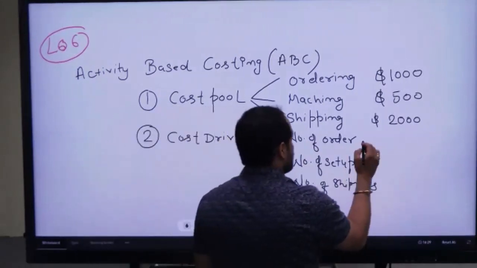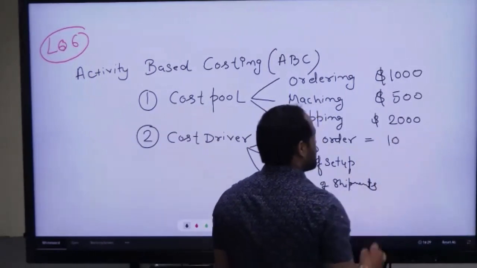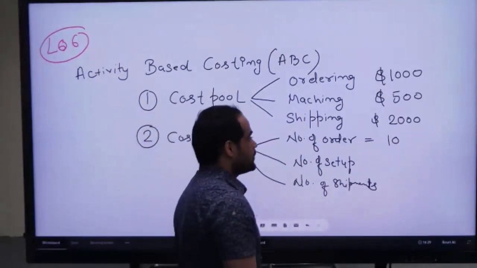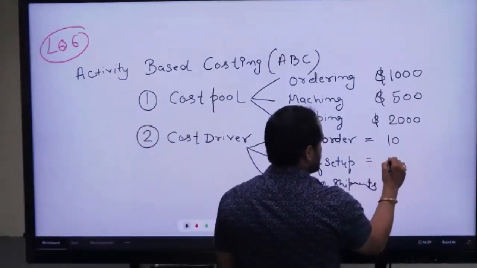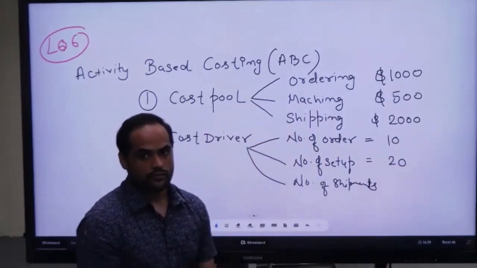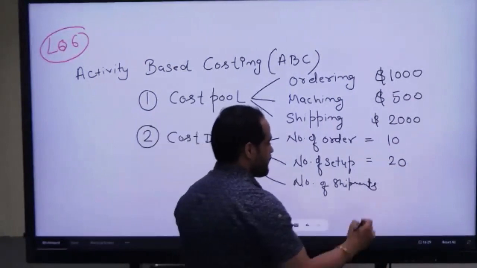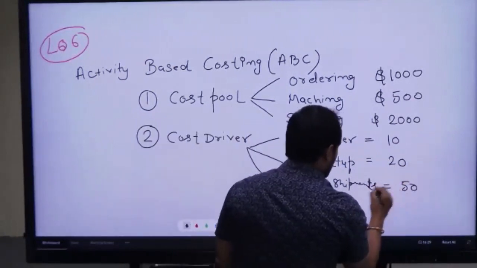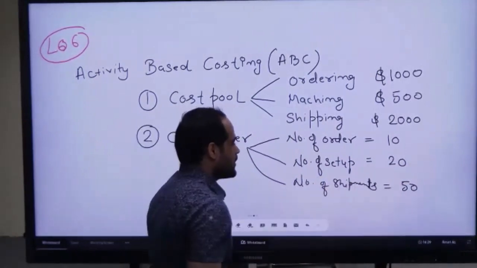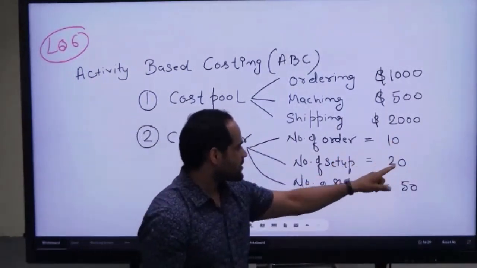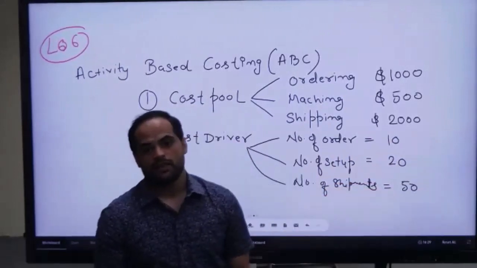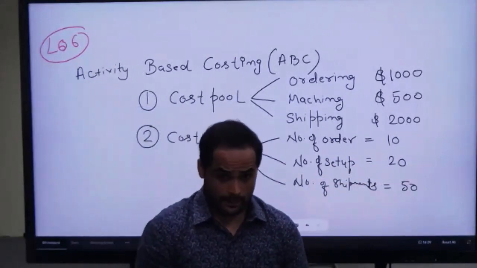So let's say we have 10 number of orders, we have 20 number of setups, and we have 50 number of shipments. So 10 orders, 20 times setup, and 50 times shipments. This is your cost driver.